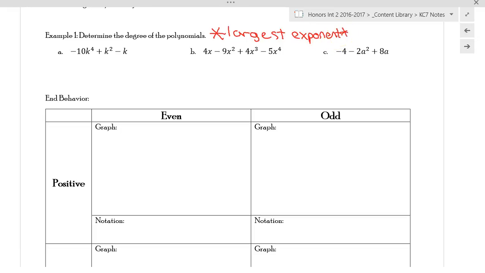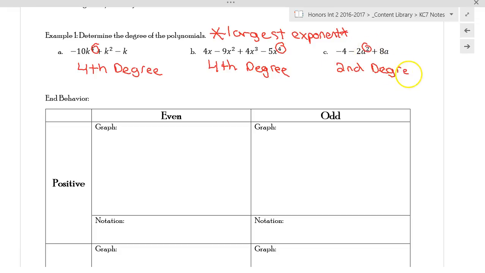So looking at A, my largest exponent is 4, so that's a 4th degree polynomial. Looking at B, again, my largest exponent here is 4, so it's a 4th degree polynomial. Looking at C, my largest exponent is 2, so it's a 2nd degree polynomial. And that's it. Right? So those are super simple, just looking for that largest exponent.